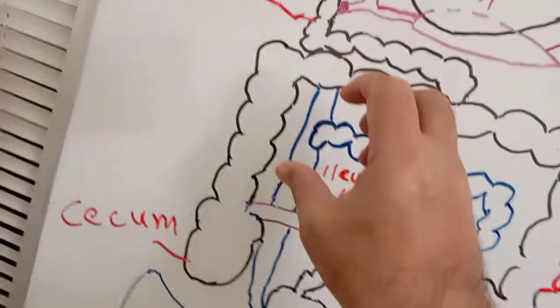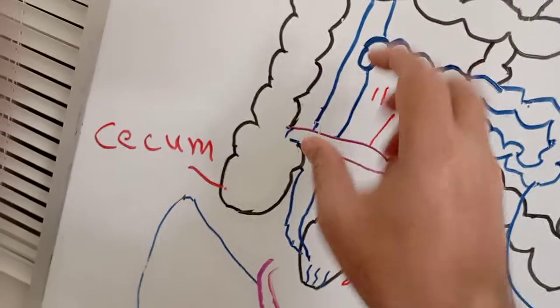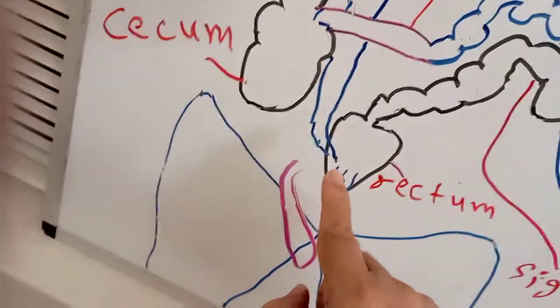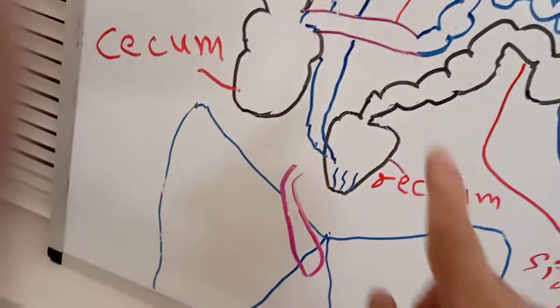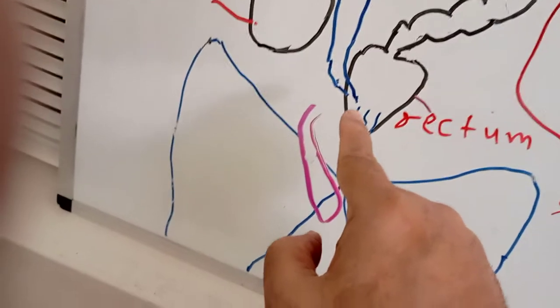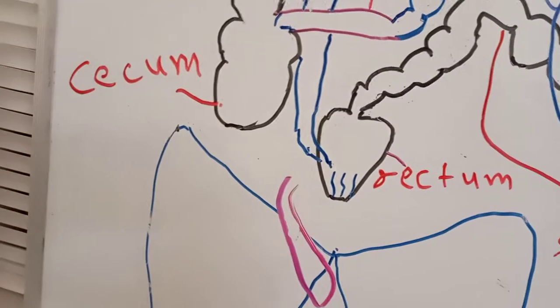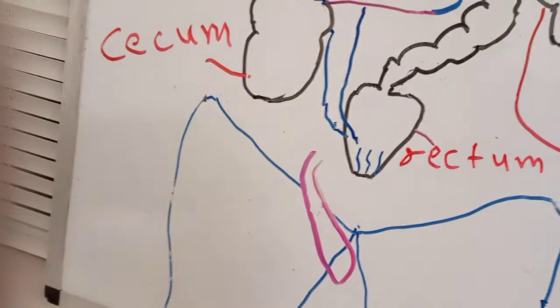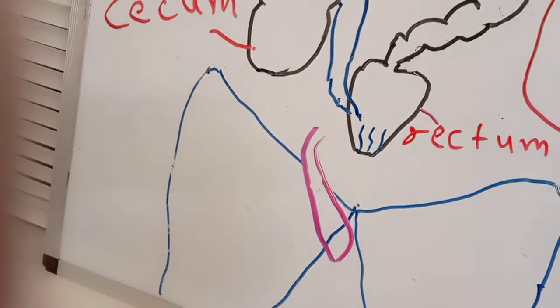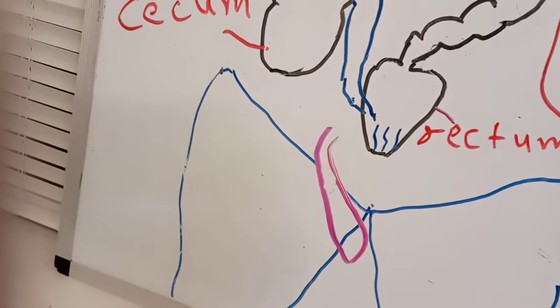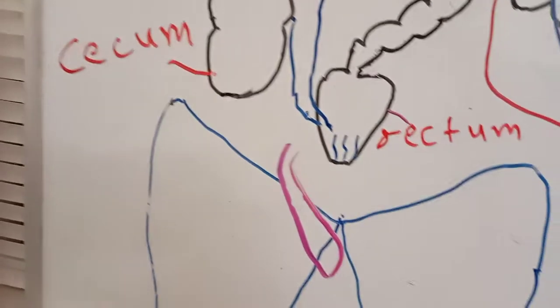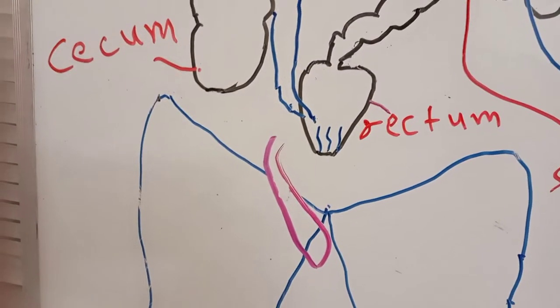So there is back pressure. This pressure goes to the small veins in the rectum. So these veins become dilated, they can bleed, they can give pain, and these dilated tortuous veins are known as hemorrhoids or piles.